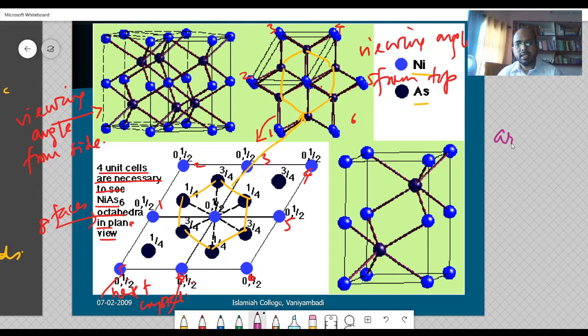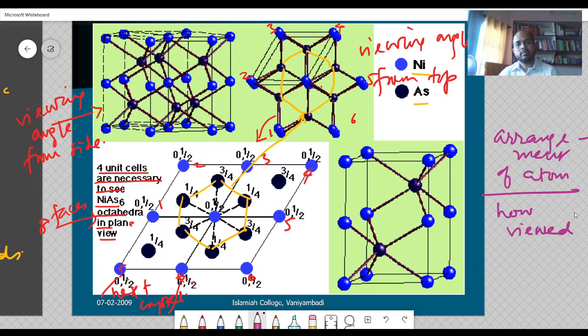By this slide, I am asking you to look at the arrangement of atoms, and not only that, how it is viewed. So if you just take one particular part like this, it will appear like this. Some atoms may have all the molecules within this, some may have only within this, and you can see that this is going to be an octahedra.